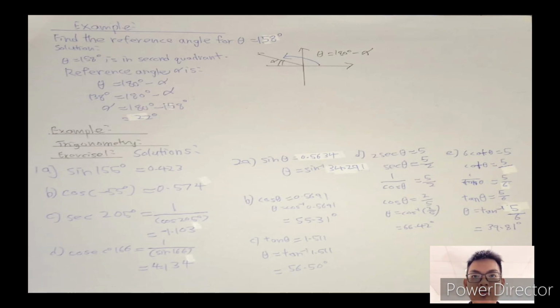For example, exercise 1, trigonometry 1a. The question is sin 155 degree. The answer is 0.423. For question 1b is cos negative 55 degree.